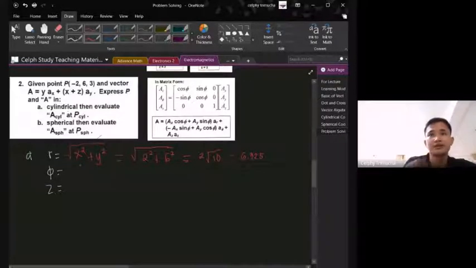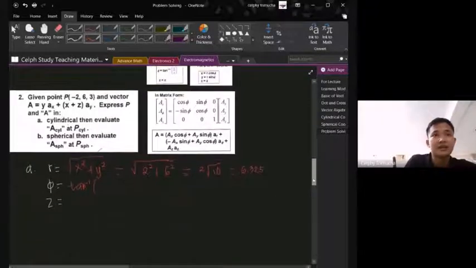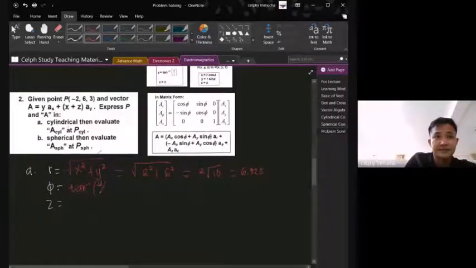In order to find the angle, ang aton nga gamiton nga formula is arctan of y over x. So, this is equal to arctan of y naton is 6 all over x which is negative 2.